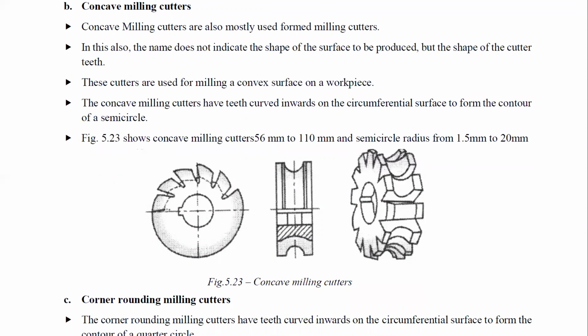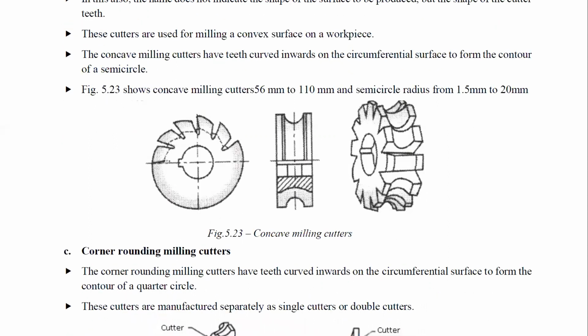The concave milling cutter has teeth curved inward on the circumferential surface to form the contour of a semicircle. Figure shows the concave milling cutter, 56 mm to 110 mm, and semicircle radius from 1.5 mm to 20 mm.